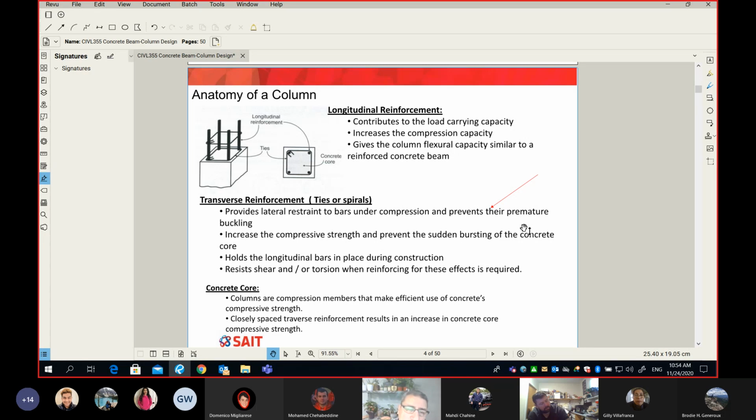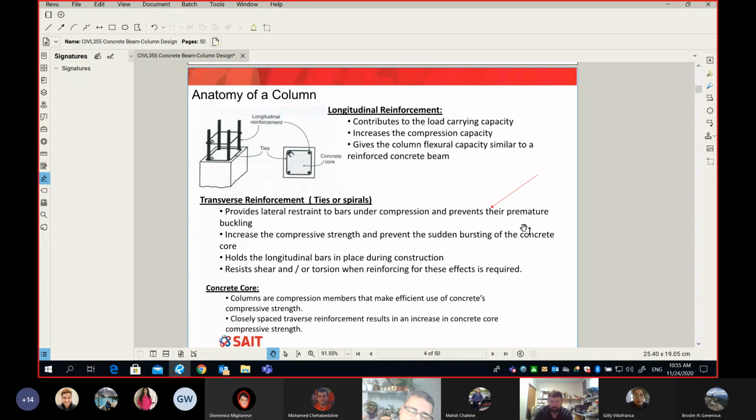But let me ask you, when we apply axial compression force on our column, the vertical rebar will be under tension, compression, or what? Compression. Under compression. And you know that those vertical bars, since they are under compression, will tend to buckle. Yes, they will do that.